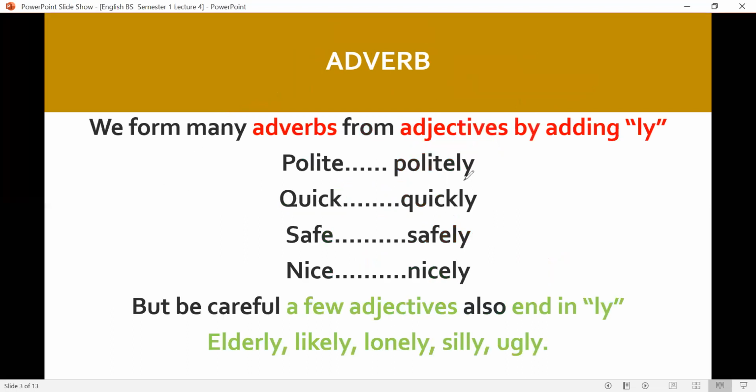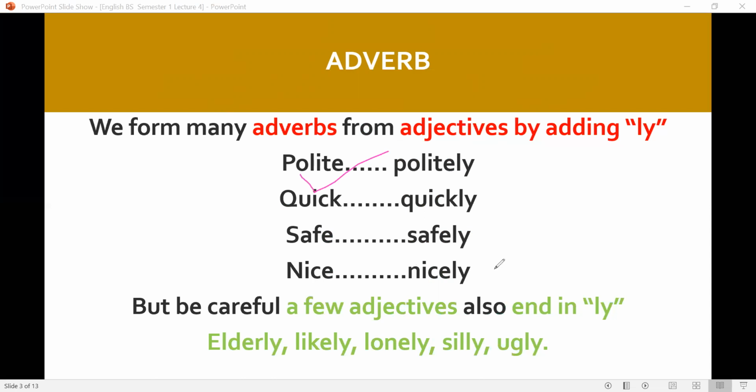We form many adverbs from adjectives by adding ly. Most of the adverbs have ly at their ends, and we may form adverbs from adjectives by adding ly. Polite, politely; quick, quickly; safe, safely; nice, nicely, and many more.